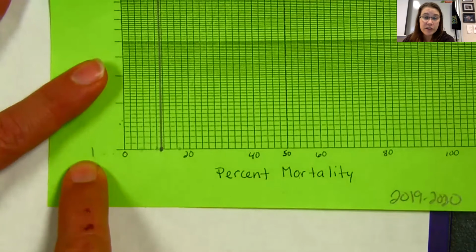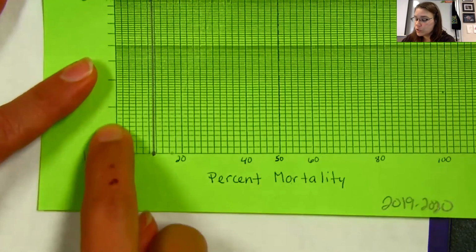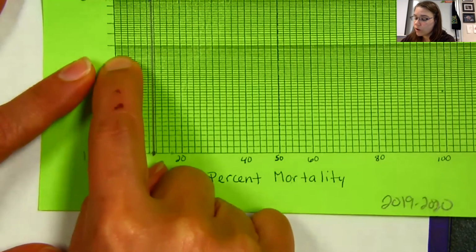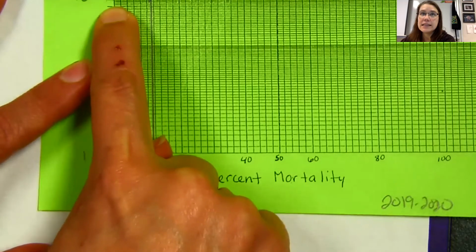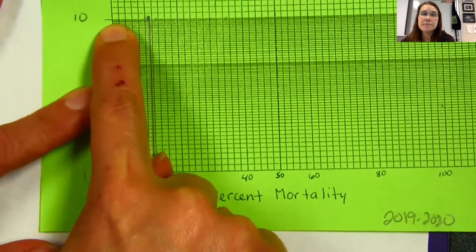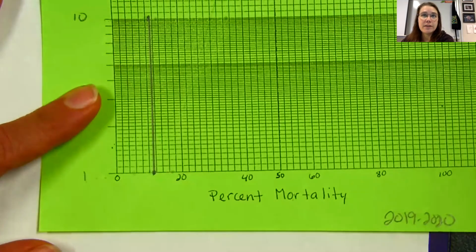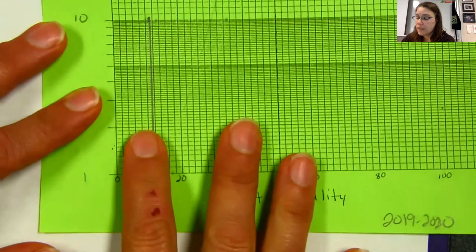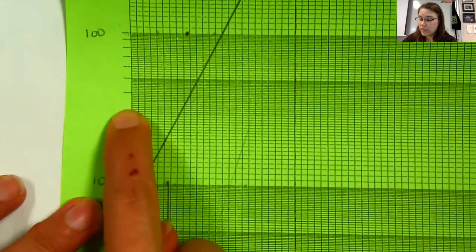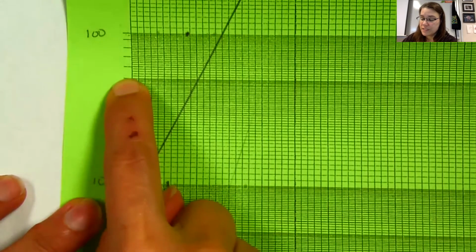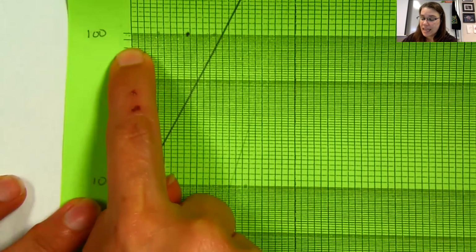On the y-axis, you're going to start with 1. You're not going to graph the control for this one. You're going to start with 1, 2, 3, 4, 5, 6, 7, 8, 9, 10. This will be 10 right there. After the 10, this is going to be 10, 20, 30, 40, 50, 60, 70, 80, 90, 100.